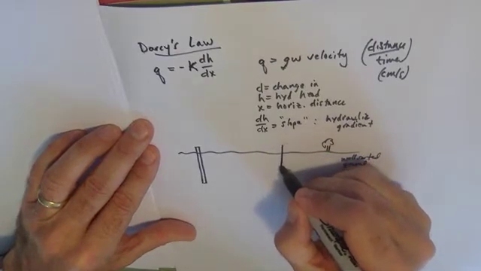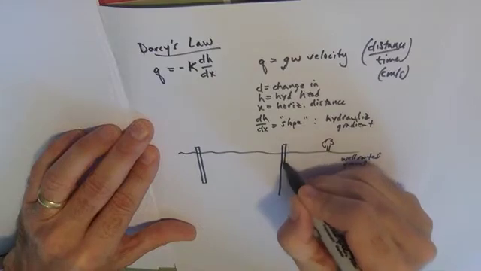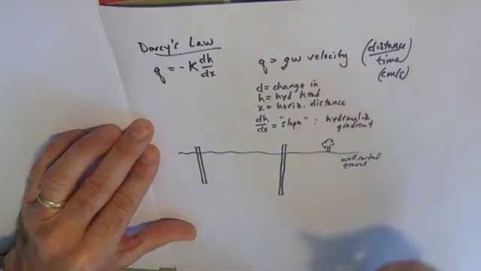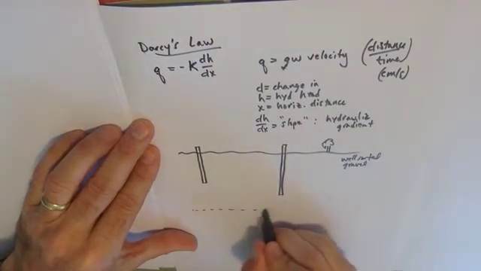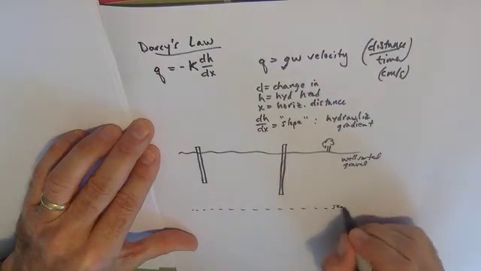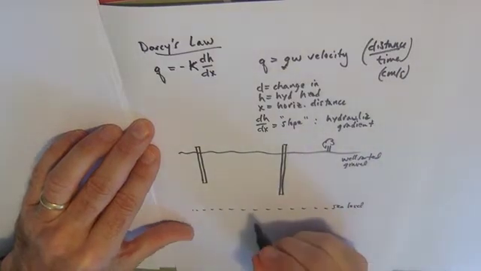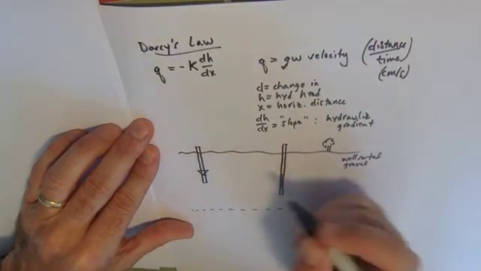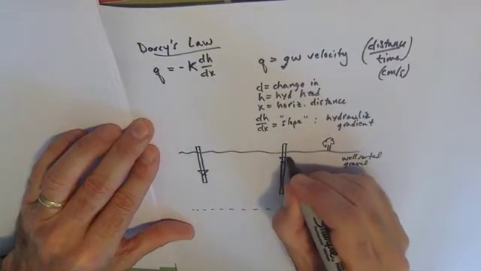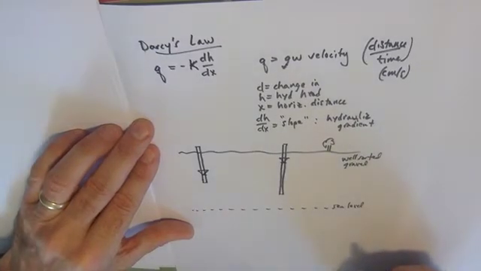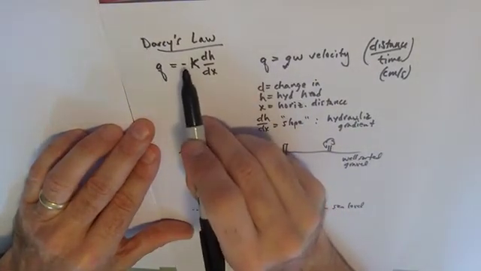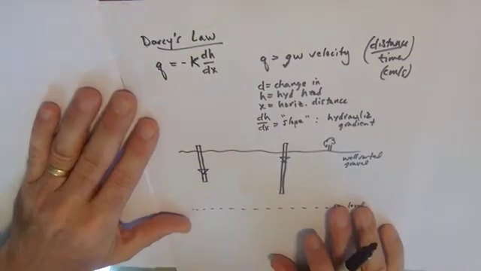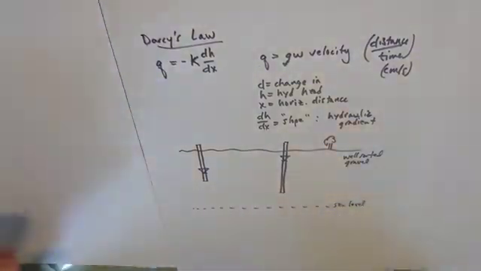Let's say that we drill two wells, and the sea level is down here. And we note that the water rises in the well up to this point, and it rises up to the well at this point. Oh, and a lot of people wonder about this negative. I'll show you what happens to this negative in a second. It's a directional component, and so it gets taken care of pretty easily.